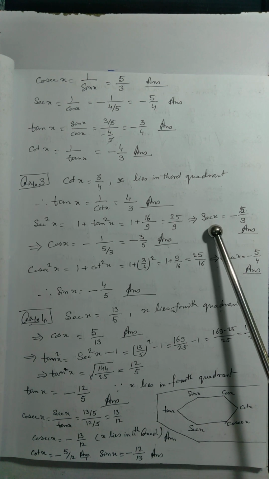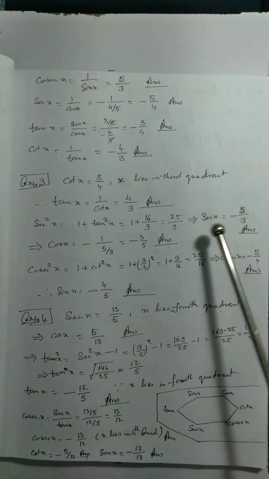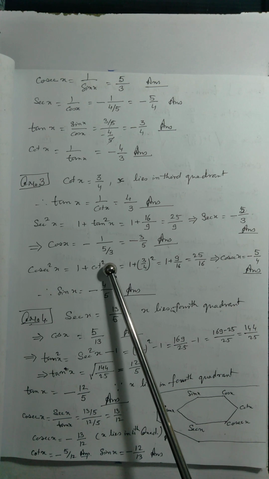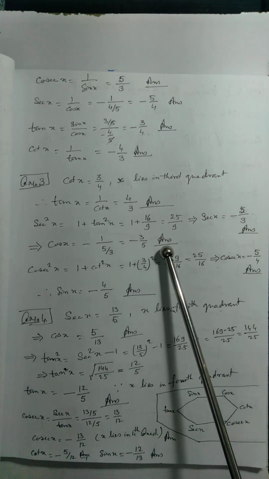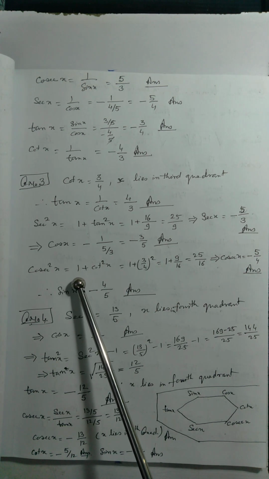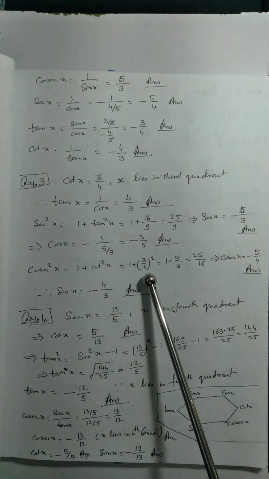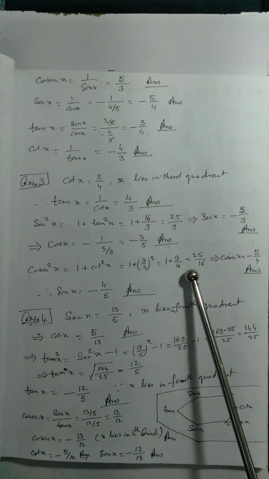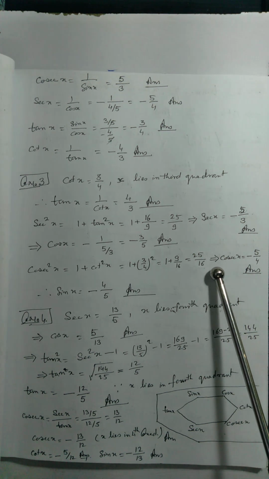Once we got the value of secant x, then cos x will be equal to the reciprocal of it, that is minus 1 upon 5 by 3, and it will be equal to minus 3 by 5. Now come to cosec square x, it will be equal to 1 plus cot square x. So 1 plus 3 by 4 whole square, it will be equal to 1 plus 9 by 16, and it will be equal to 25 by 16.